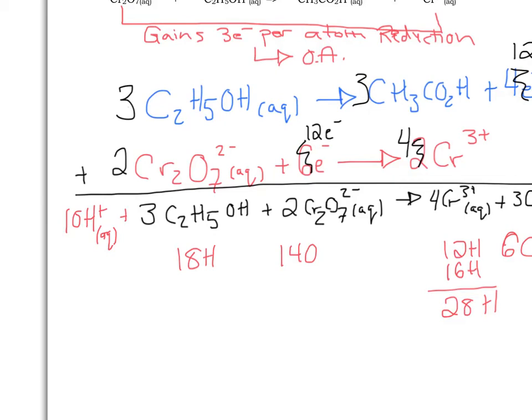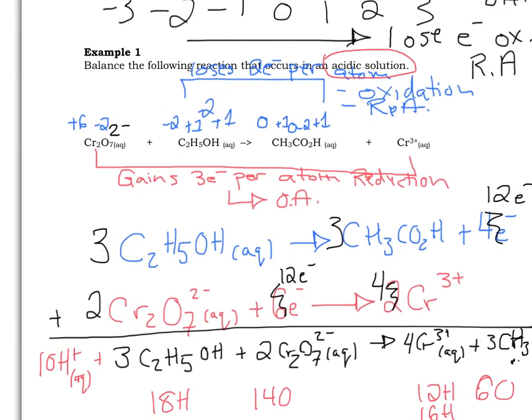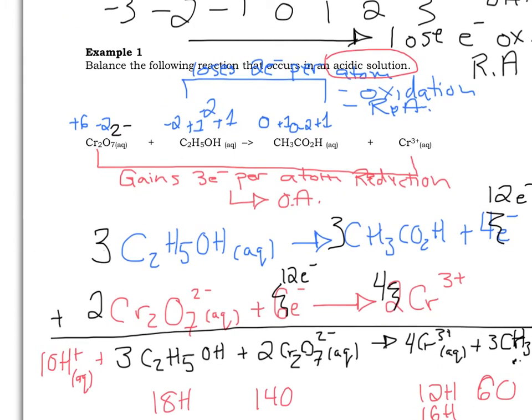So if you go on to the next example and pause the video, why don't you try the next example without looking at the solution, and check back on the solution when you're done. So just to repeat the steps, first thing you're going to do is identify what's being oxidized, what's being reduced, how many electrons per atom are involved in each of those half reactions.